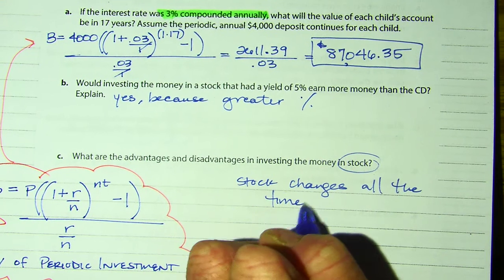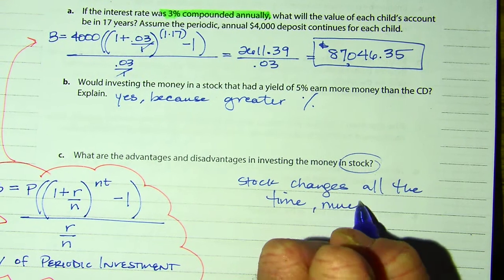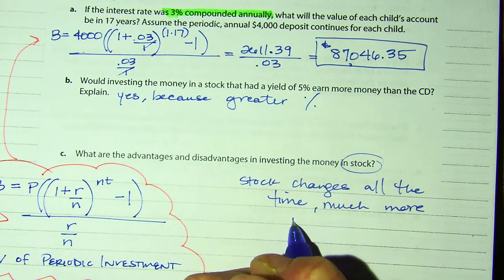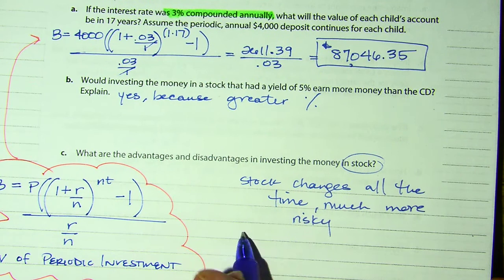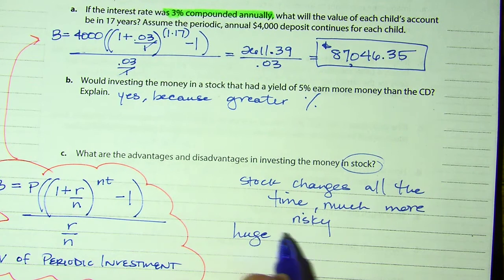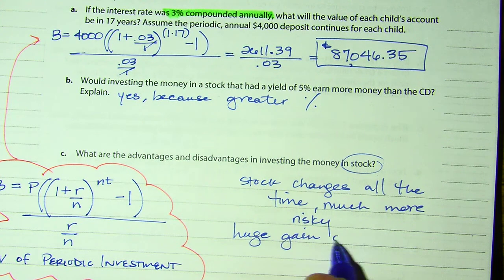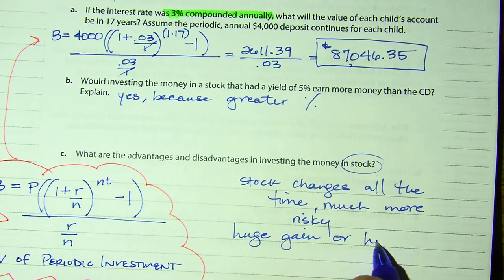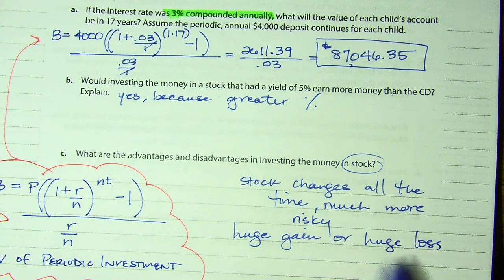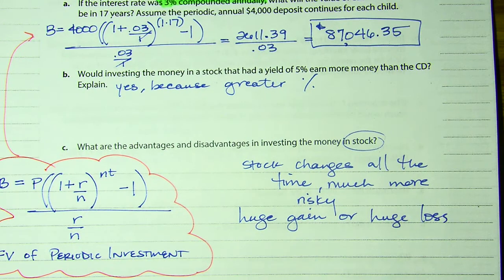It is much more risky. So you can have a huge gain or you can have a huge loss. And so it's risky because all of a sudden it's earning 5%, then 1%, then 12%. So it's more risky, but you also could make a lot more.